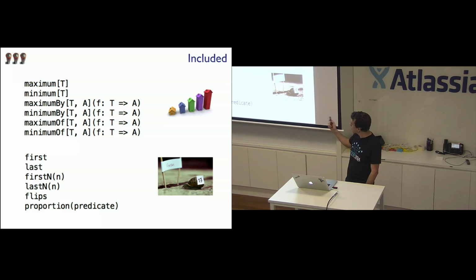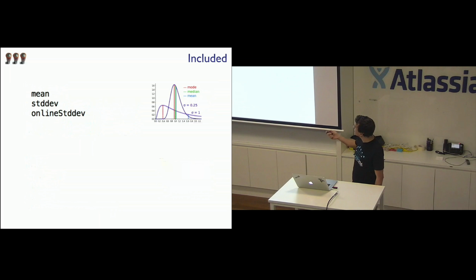You can also get the first n elements, the last n elements. You can get the number of times an element is changing its value, is flipping value. You can get the proportion of elements satisfying a given predicate. So you're just limited by your imagination here. There are a few statistical folds provided, but I guess you could add a lot more.